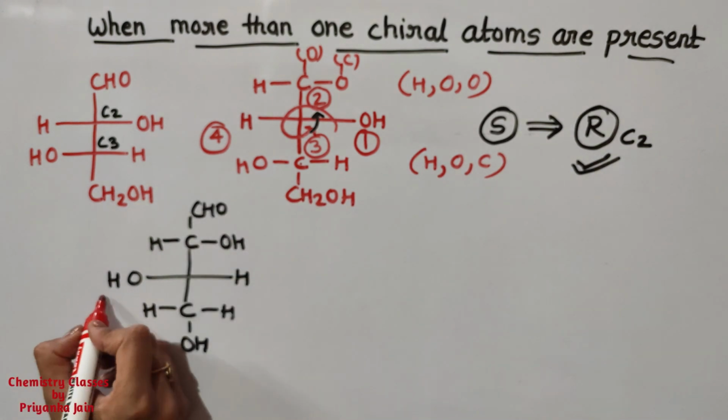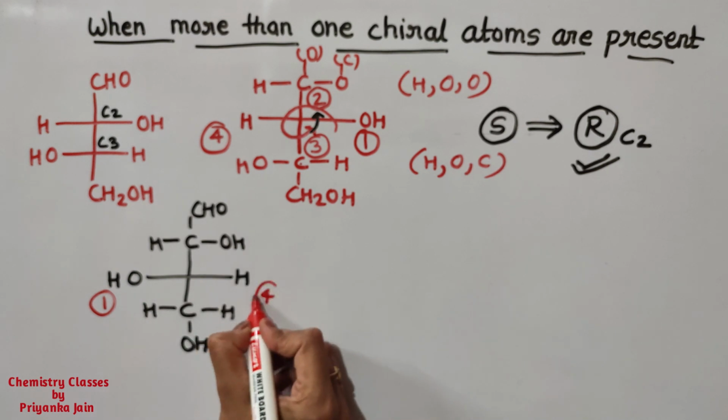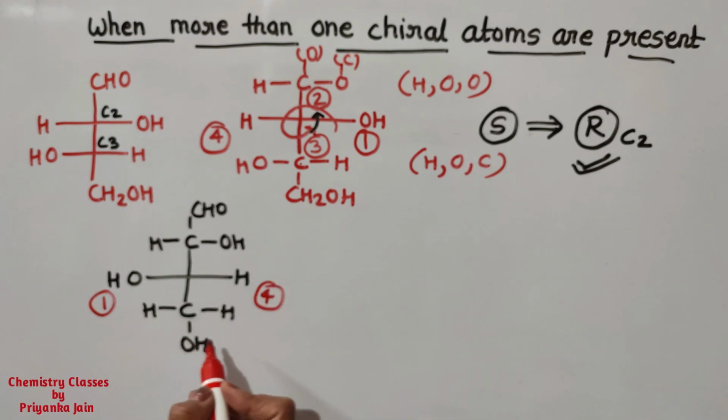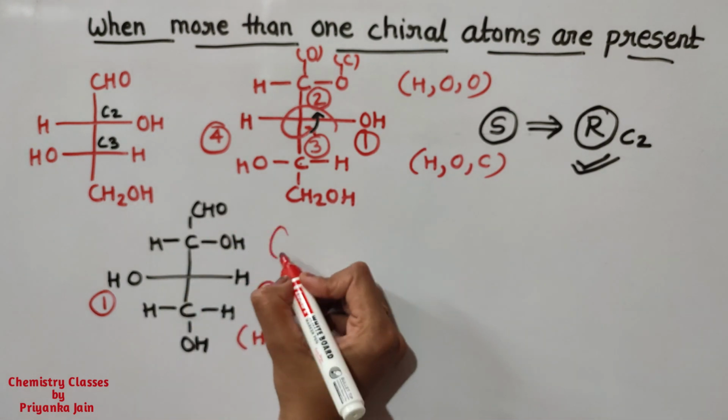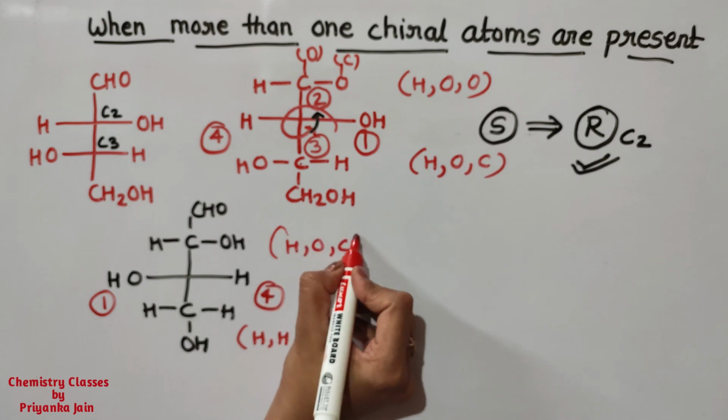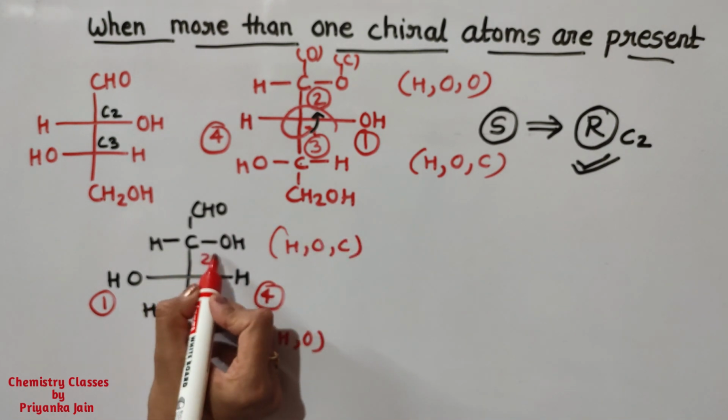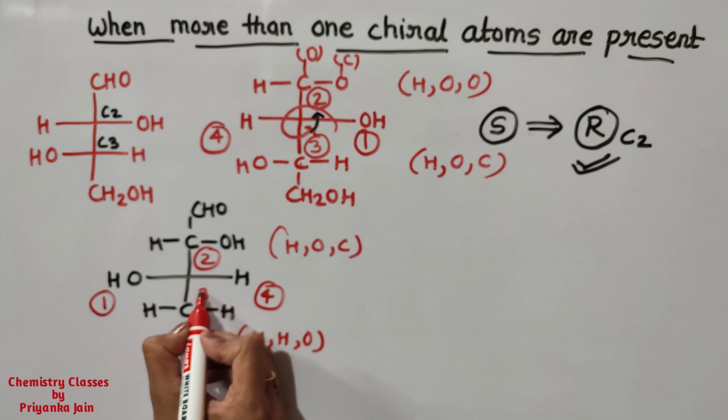So see here, this will be first priority group, this is fourth priority group, right? And here is hydrogen, hydrogen and oxygen, and here hydrogen, oxygen and carbon. So this will be the second priority group and this will be the third priority group.